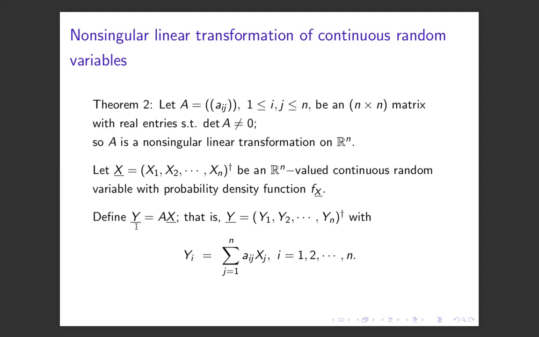So define y bar as A applied to x bar. This will again be a vector-valued random variable. If you denote the components by y1, y2, ..., yn, then y bar is (y1, y2, ..., yn) transpose. Then you can easily see that yi is given by this for each i.